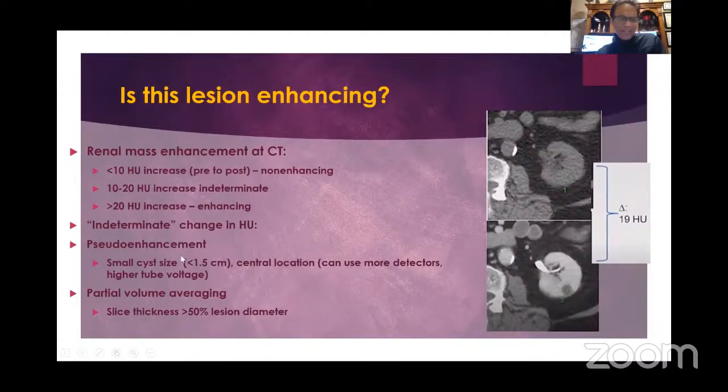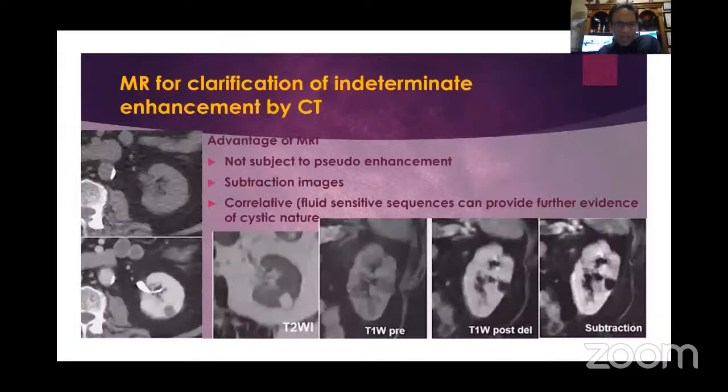So this is an indeterminate lesion. We also have to remember that smaller cysts, which are intraparenchymal and central in location, can give a false reading because of partial volume artifact for those smaller lesions within the renal parenchyma.